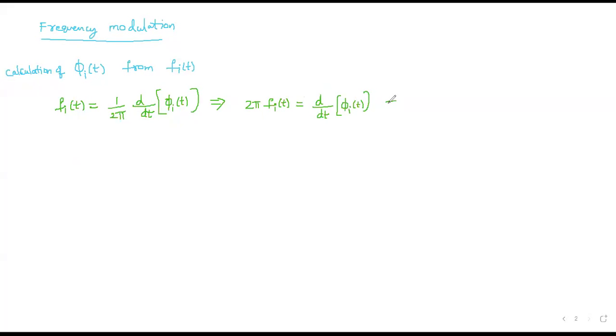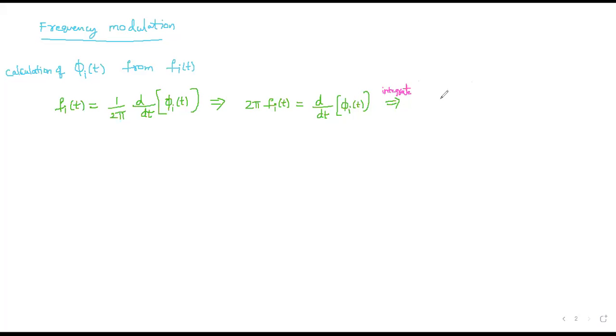Now from this again, how can I write phi i of t? I can do integration on both the sides. If I integrate on both the sides, what do we get?